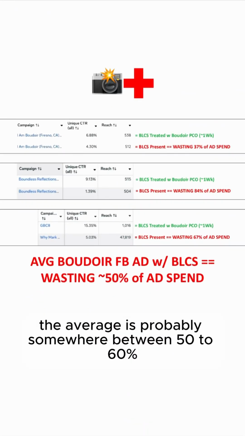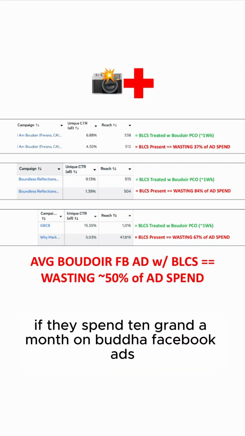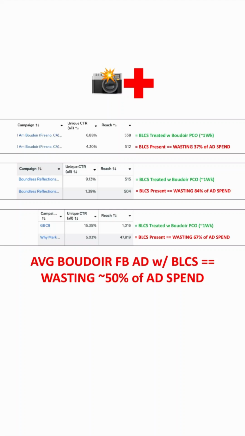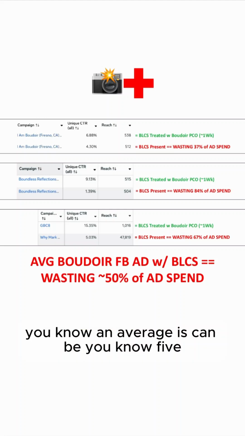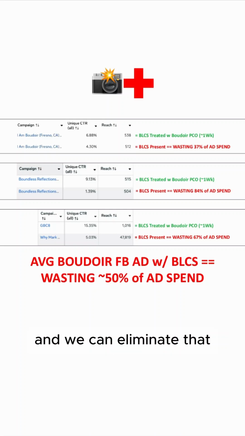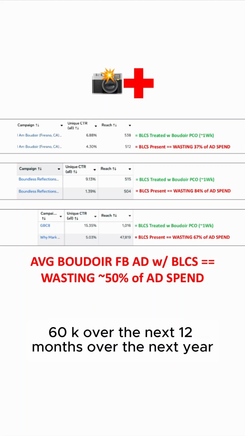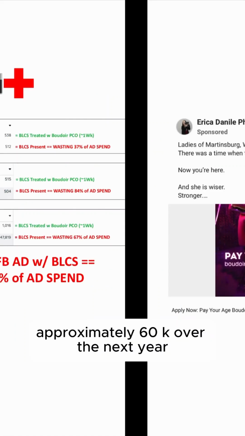Average these numbers out, the average is probably somewhere between 50 to 60%. So if they're spending 10 grand a month on Boudoir Facebook ads, on average, five out of 10K is being wasted every single month, and we can eliminate that, put that back in y'all's pocket, approximately 60K over the next 12 months, over the next year.